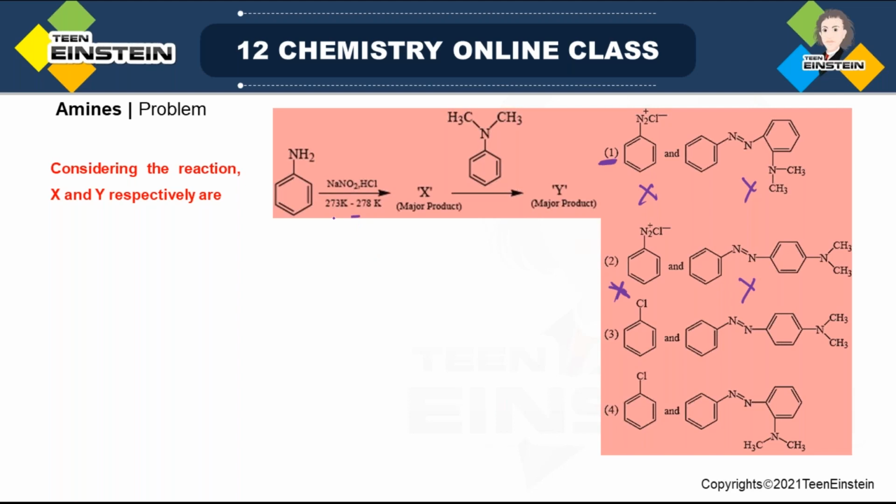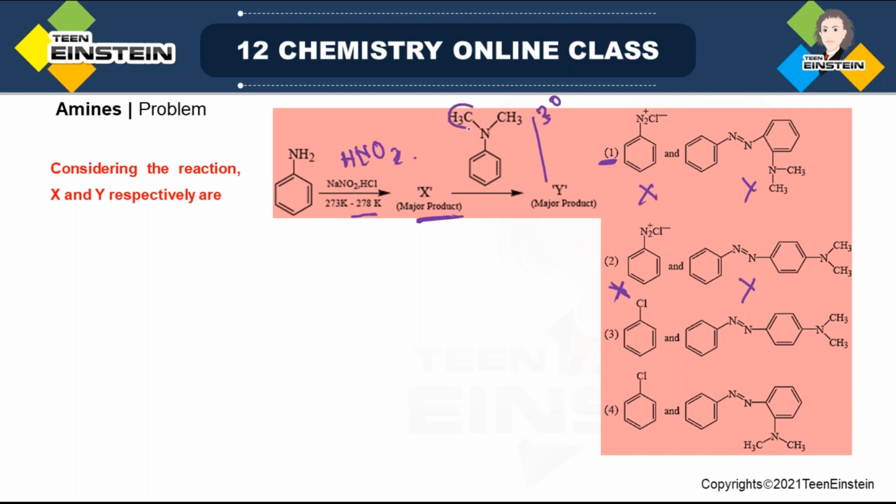Aniline, what are you using? Very low temperature, 0 to 5 degrees, NaNO2 and HCl, which will actually produce HNO2. Now with HNO2, X is nothing but the diazonium salt. And when the diazonium salt is treated with this amine, look at this, this is a tertiary amine, N,N-dimethylaniline.